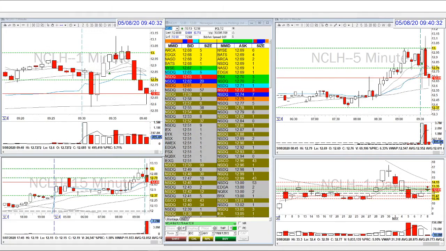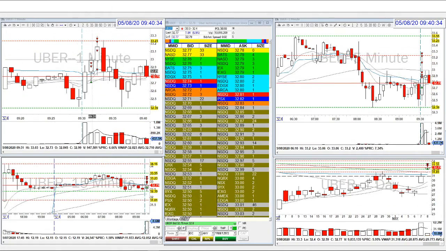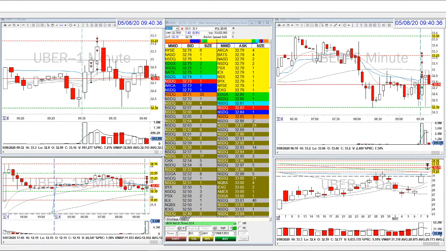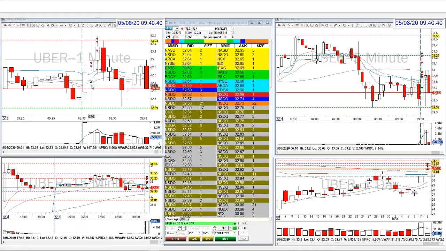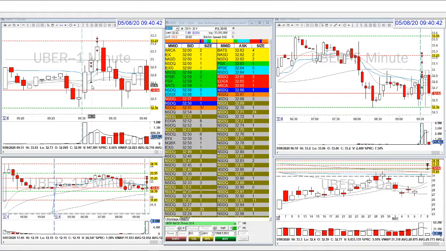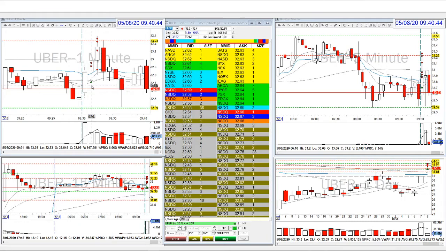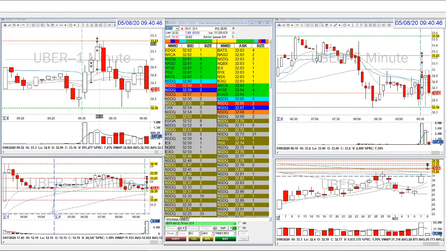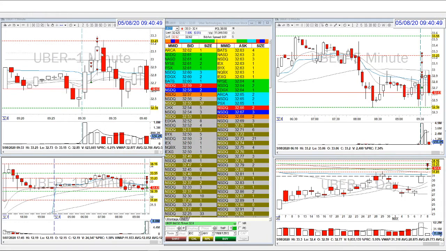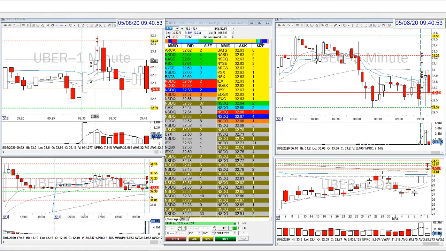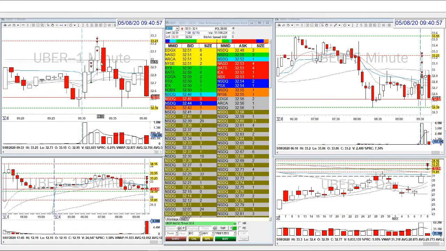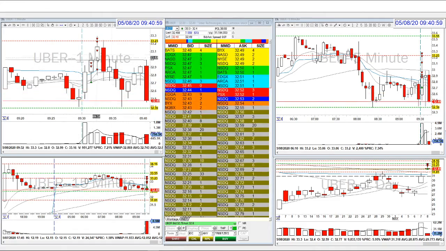I'll give you another example, Uber. Again, you need to understand that my trading style is mostly scalping, right? When you see the stock not go in your direction within a couple of bars, depending on your time chart, right? This time chart here is 1 minute, so each bar here is 1 minute.